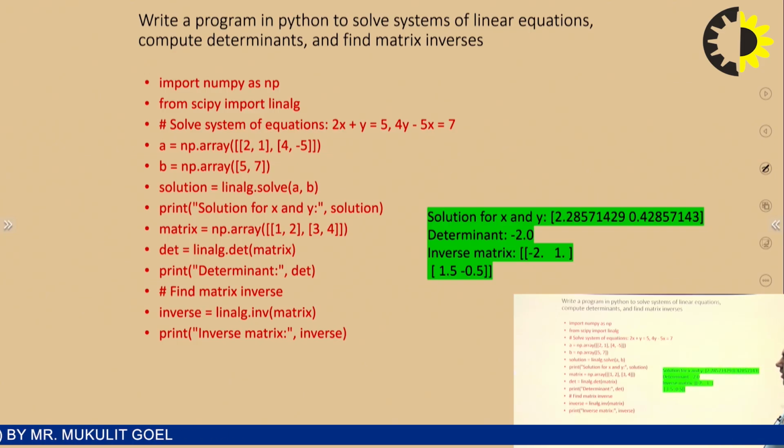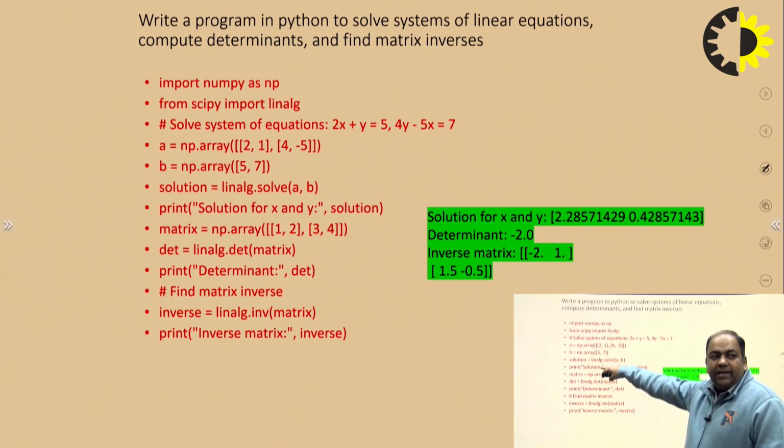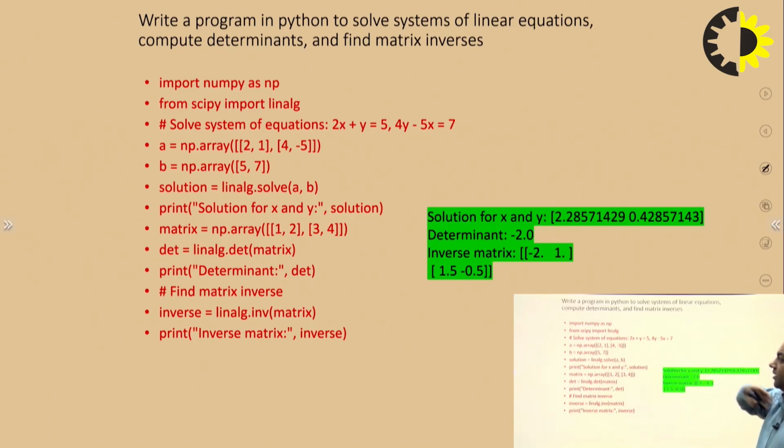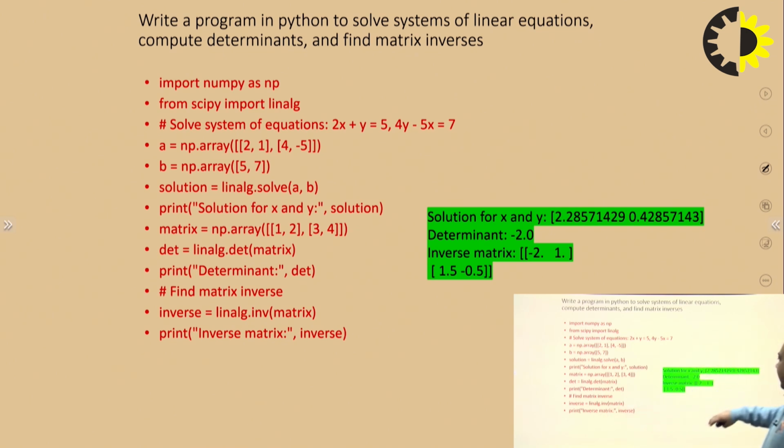Then we go to the solution. Solution means we use linalg for doing the linear algebraic functions for solving a and b, then save its values into x and y, and doing the matrix inversion, we find the solution for x and y. So this is the output of this program.